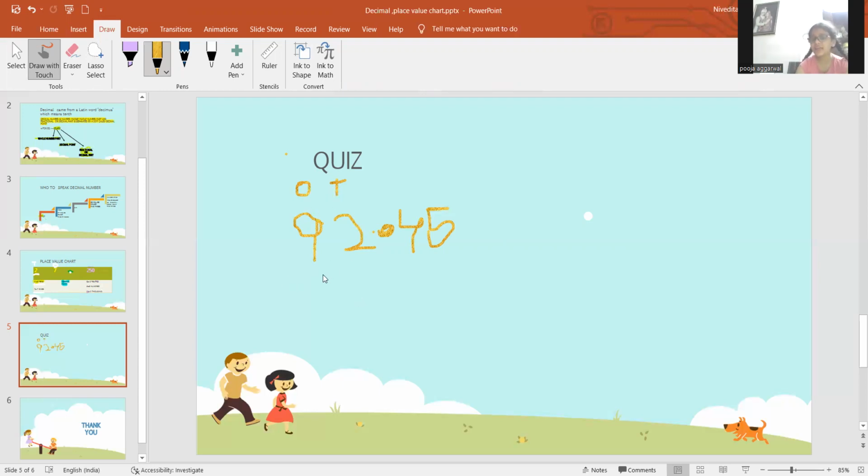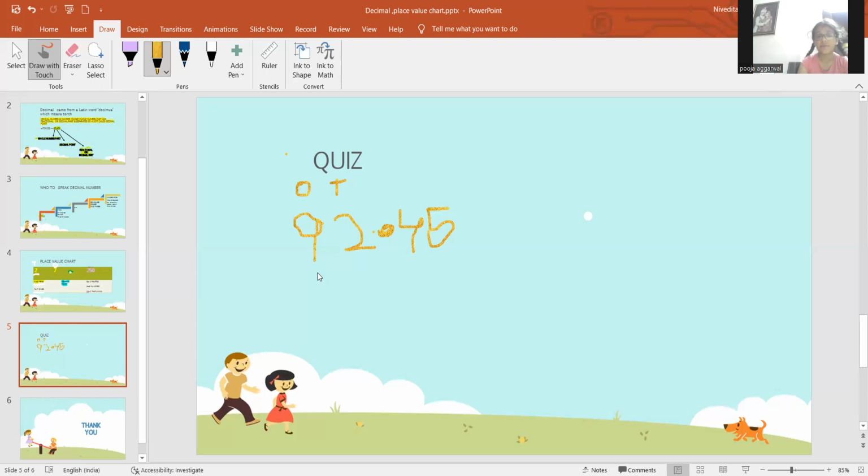And please tell me what we will call this 92 before the dot, and tell me what is the dot called. I will give you 10 seconds to answer this. 1, 2, 3, 4, 5, 6, 7, 8, 9, and last 10.